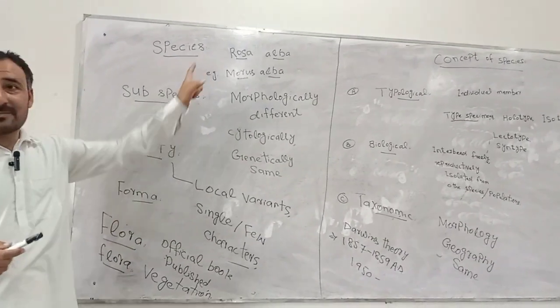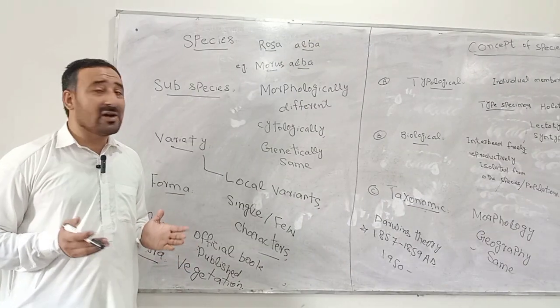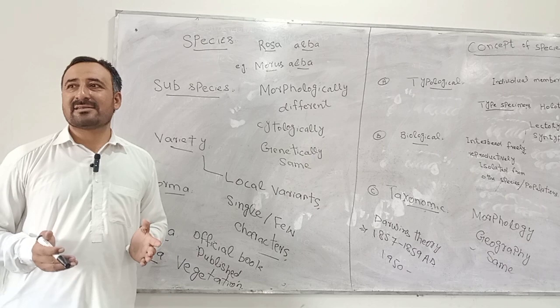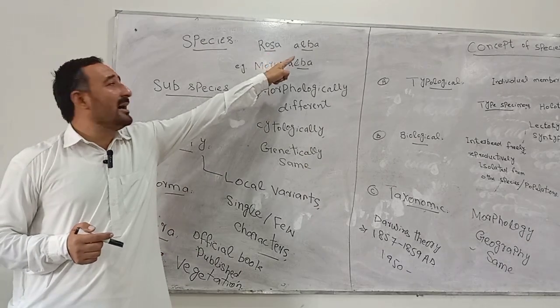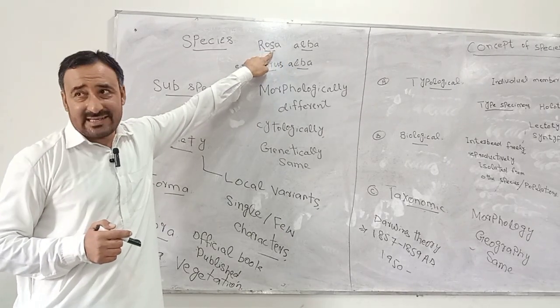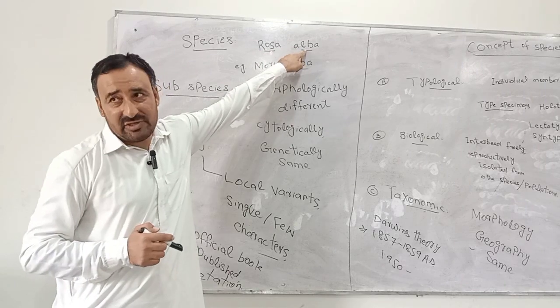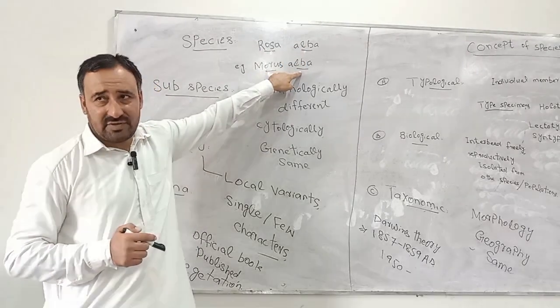Those individuals which can interbreed freely and produce fertile offspring are known as species. For example, Rosa alba, Morus alba. Rosa is the genus and alba is the species. Morus is a genus and alba is a species.